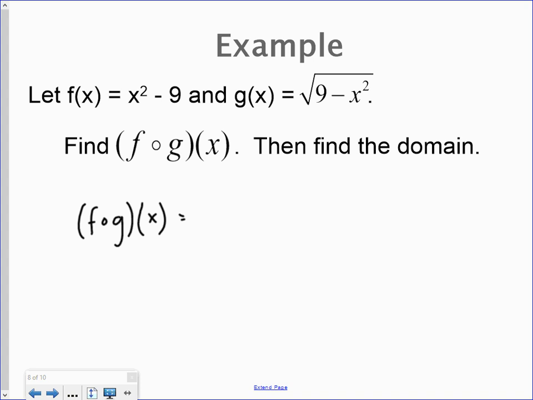So we're going to use x squared minus 9 as our outside function. We're going to replace this x right here with the function g of x. Okay, so it will be the square root of 9 minus x squared, that's g of x, and we're subbing that in for x, squared minus 9.